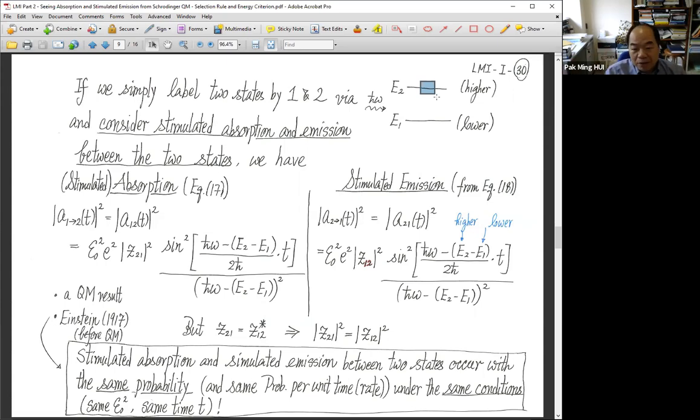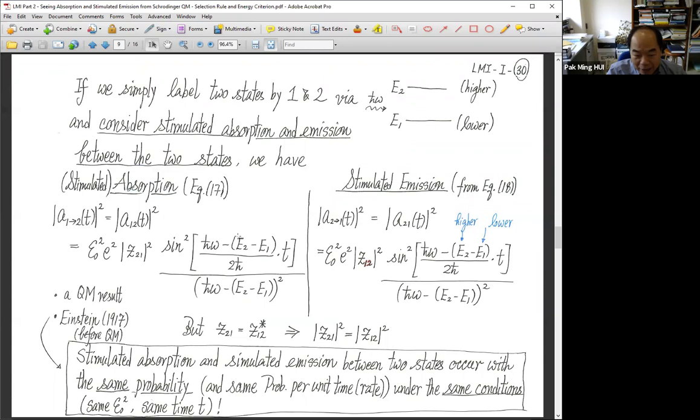All right? So now, for this case, it is educational to repeat the answer and write it as E1, E2 instead of initial EI and final EF. Let's look at absorption.